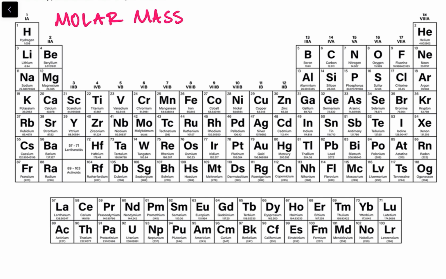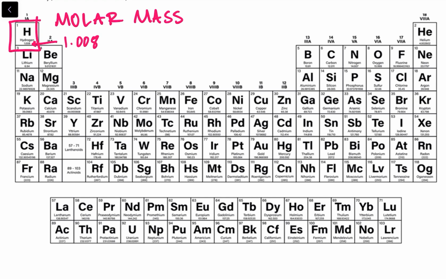When you look at the molar mass, it's important to know what this even is. Here I have the periodic table, and let's take hydrogen as an example. This number right here, you can't really see it that well, but it says 1.008.